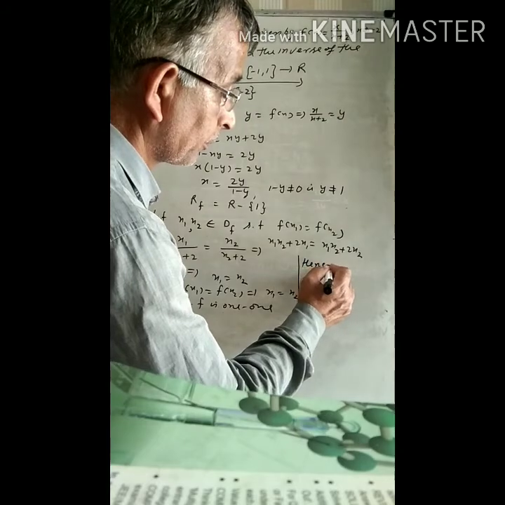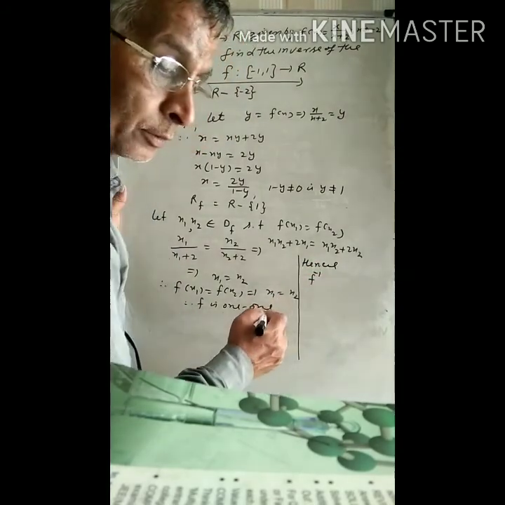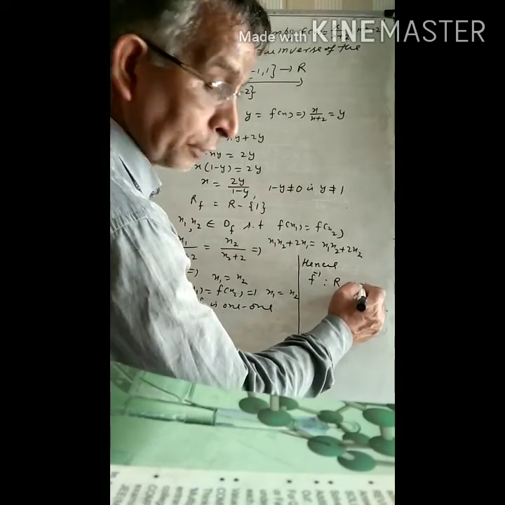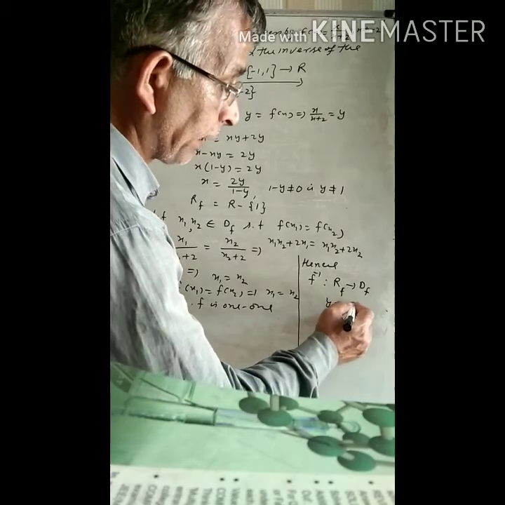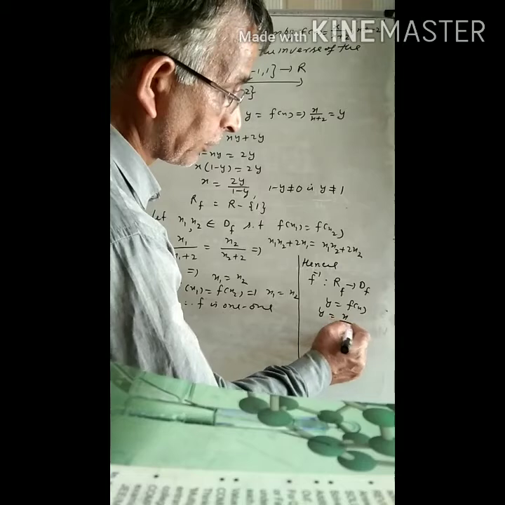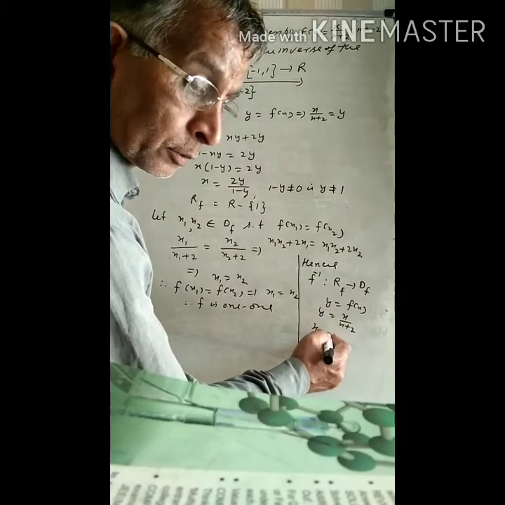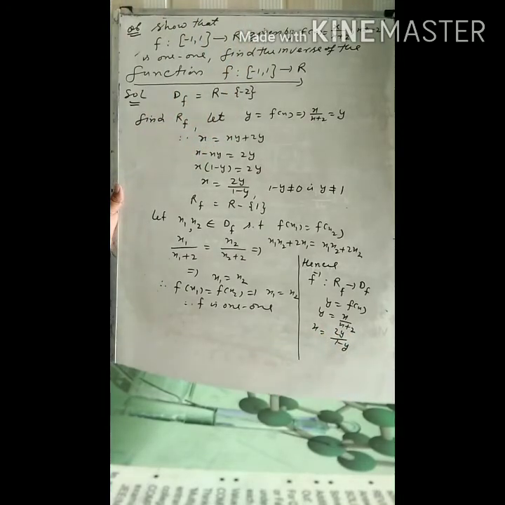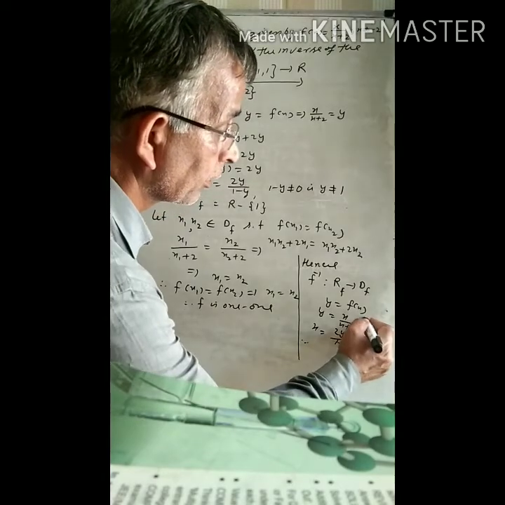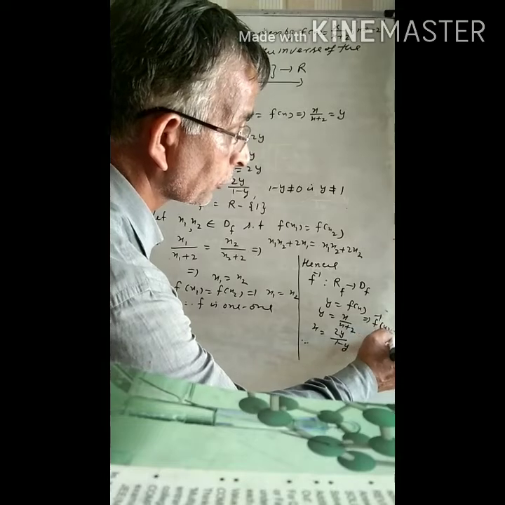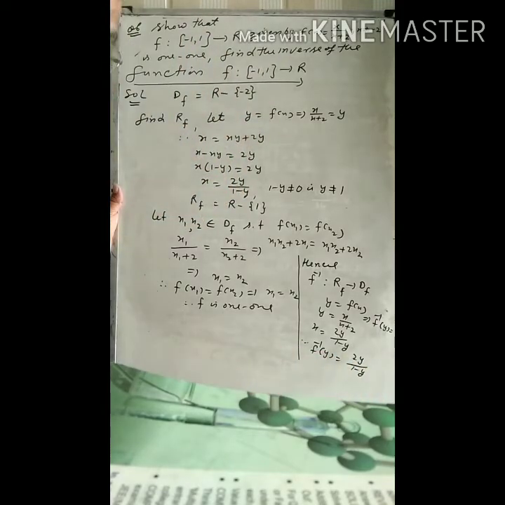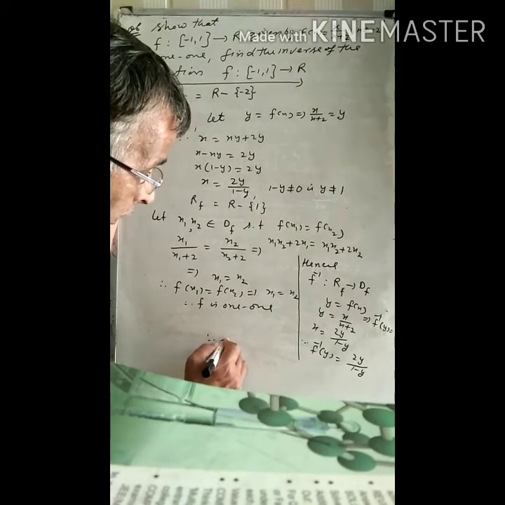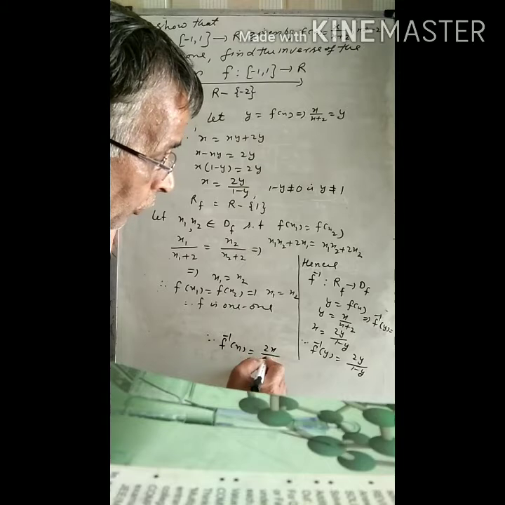Hence, f inverse from range of f to domain of f exists, तो y is equal to f(x), तो y is equal to x upon x plus 2, और x is equal to 2y upon 1 minus y, तो therefore f inverse y is equal to x, तो therefore f inverse y is equal to 2y upon 1 minus y, तो therefore f inverse x is equal to 2x upon 1 minus x.